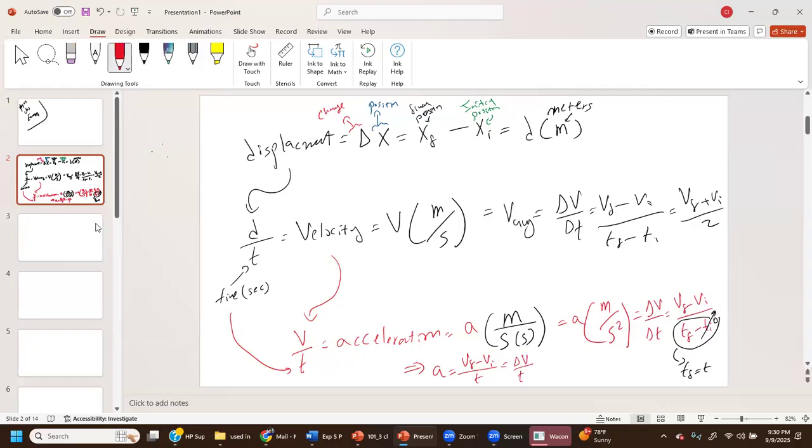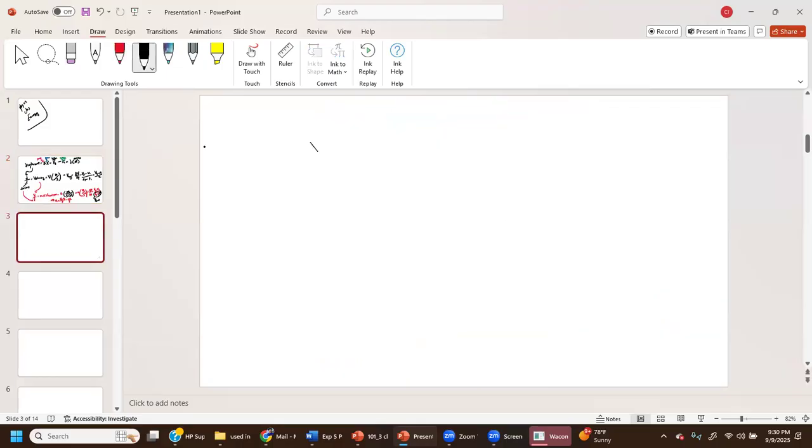Now, we took this acceleration and we used it on some kind of mass, which is going to be in what? In kilograms. And that's what we talk about as the force, and we give it the letter F, which is going to be your mass in kilograms times your acceleration in meters per second squared.